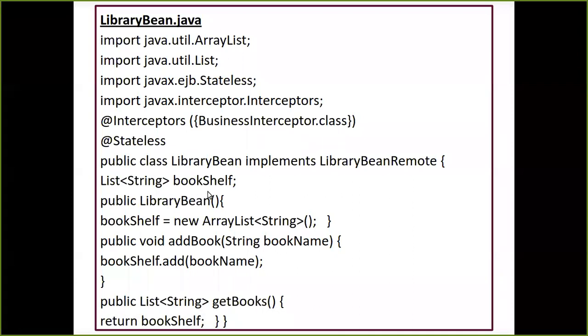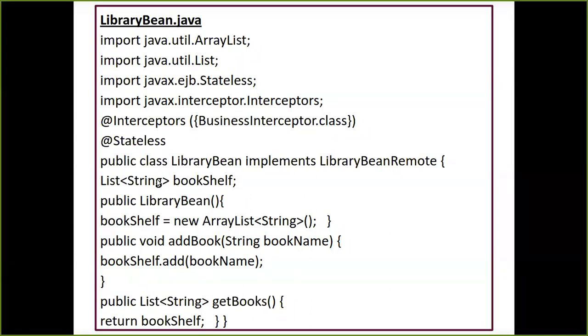Once I have added all the names of the books into the list using the add method, which takes a value in the form of string values, then I'm just going to invoke a getBooks method. It is invoked with the help of the list, because the list consists of all those values. It is going to return to me all those values I fetch with the help of the getBooks method. Fine.